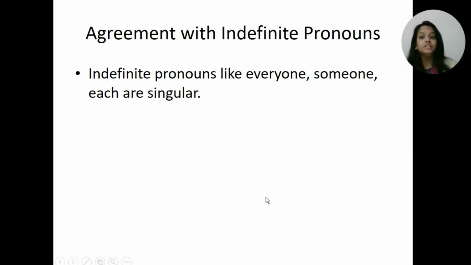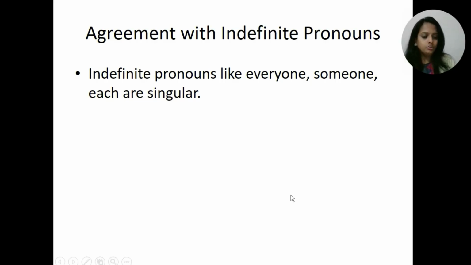And the next type is agreement with indefinite pronouns. Some pronouns look plural but are actually singular. Some singular indefinite pronouns are words like everyone, someone, anyone, each, everybody, nobody. So these usually take singular pronouns, though sometimes they may look plural.